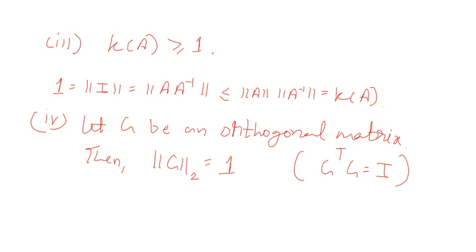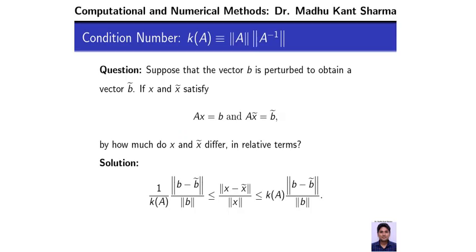Square root of 1 is also 1. So if G is an orthogonal matrix, its inverse is also an orthogonal matrix. Okay, and K2 of G can also be shown to be 1. So it's always good to work with an orthogonal matrix many times. Right. So we have got this bound.